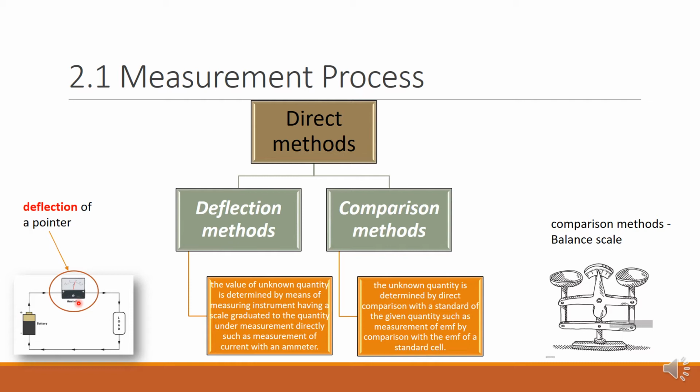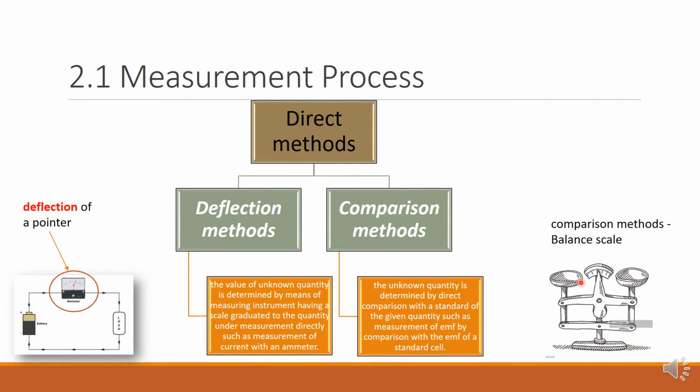Another category of direct methods is comparison methods. In comparison methods, the value of the unknown quantity is determined by direct comparison with a standard of the given quantity. For example, a measurement of EMF by comparison with the EMF of a standard cell. Another example of a comparison method is the balance scale. This is a very old-fashioned way of measuring weight.